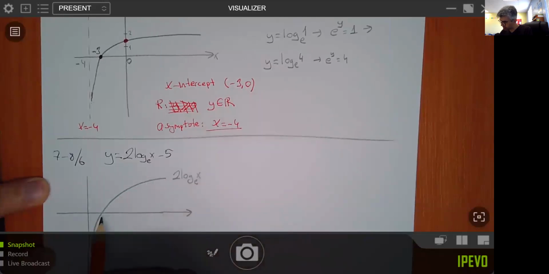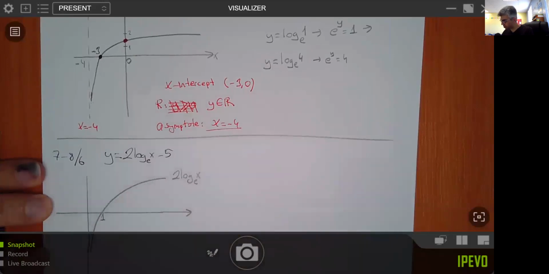And this is where x is equal to 1, all the time. And -5, so we shift all the points 5 units down.